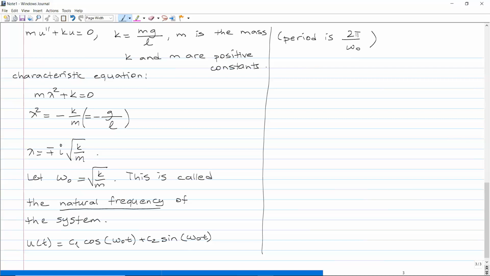Okay, but first I'm going to rewrite this solution in another form. Now, C1, C2 in this solution are constants. Consider the point C1, C2 as a point in the XY plane and express them in polar coordinates.